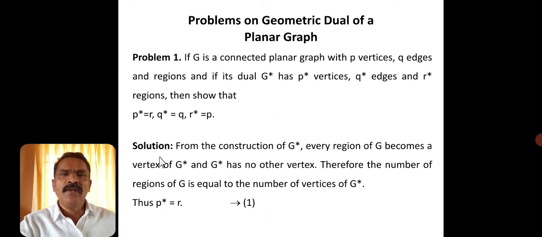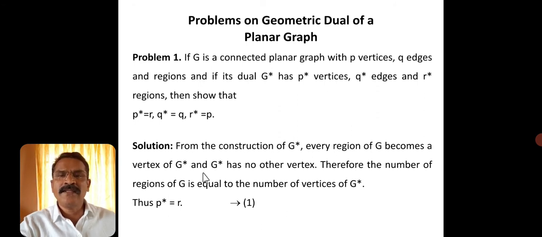So with that procedure, from the construction of G star, every region of G becomes a vertex of G star because every face is considered as a vertex. It implies obviously how many vertices there will be in G star.